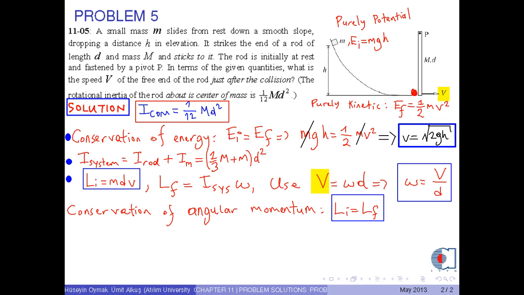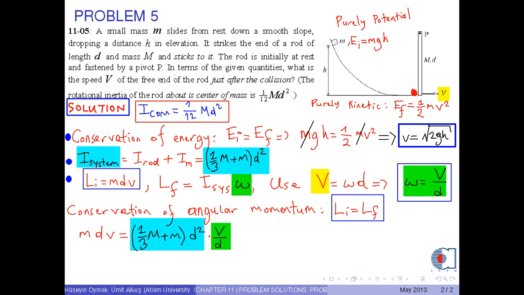Now, by the conservation of angular momentum, that is Li equals Lf, we have m times d times v, which is equal to 1 over 3 times (capital M plus small m) times d squared times capital V over d. After some cancellations, we obtain m times small v equals 1 over 3 times (capital M plus small m) times capital V.